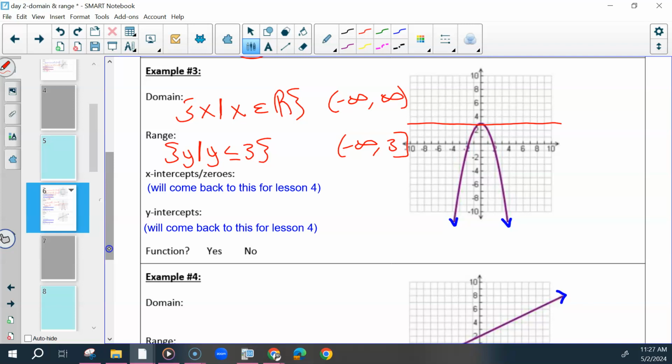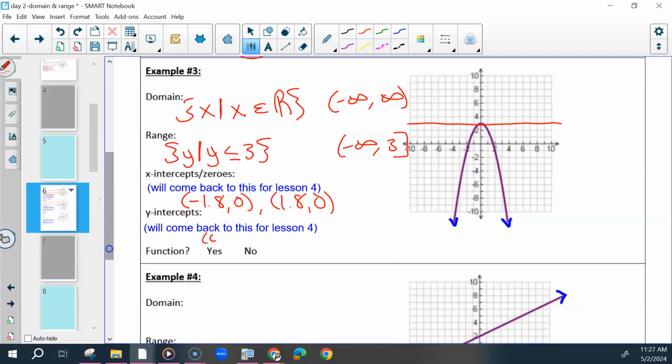Do we have x-intercepts? If you want to put them at 2 and negative 2, that's fine. Mine are a little off, so I'm going to make up something that would make more sense for mine. Again, if you put 2 and negative 2, that's also fine. Y-intercepts? 1.